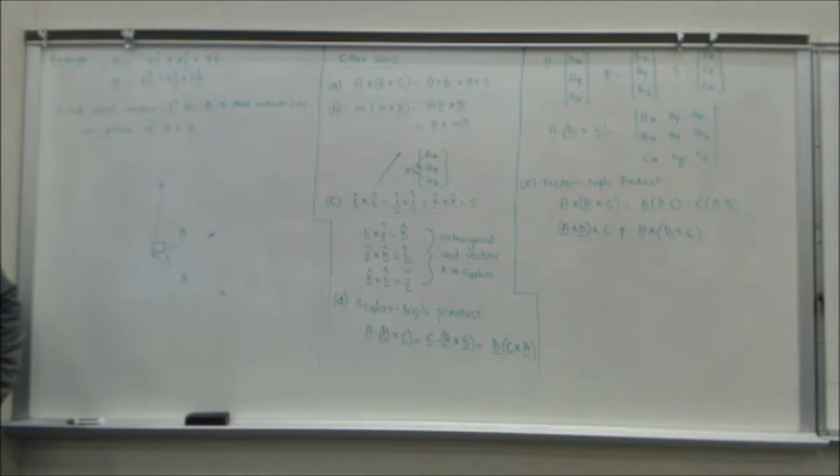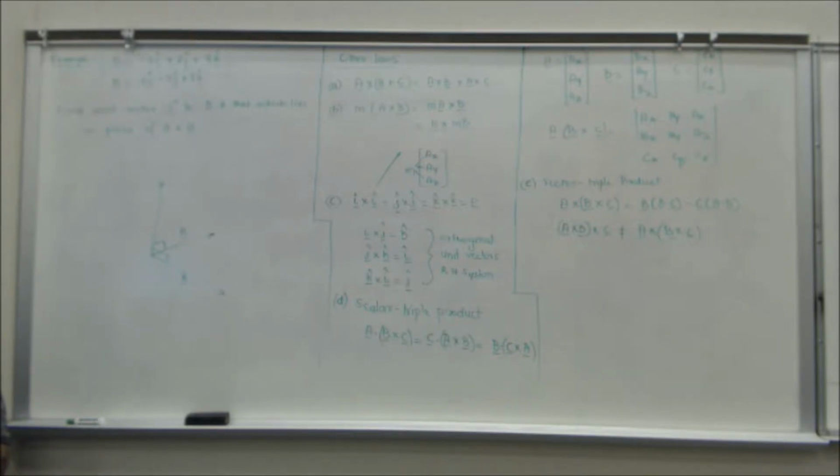Don't think about ijk. These are vectors, three vectors. Think about how you're going to go about it.